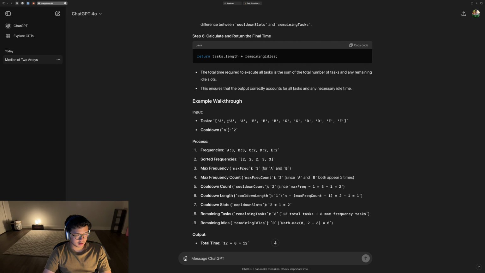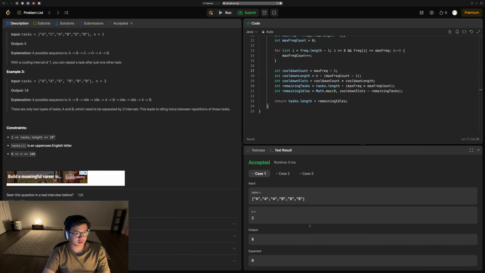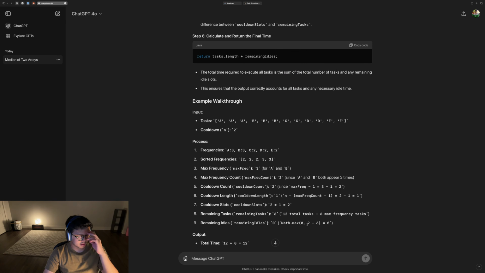A, B, B. A, B. How do we take that into account? Remaining idles. How do we take into account that we have gaps to fill those?